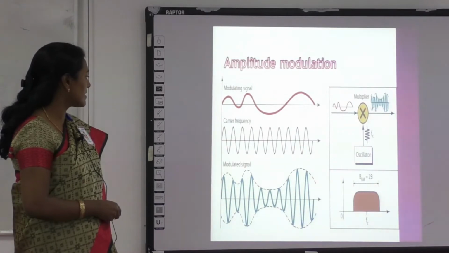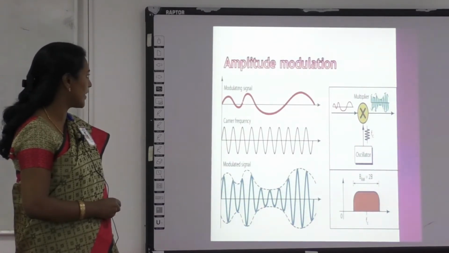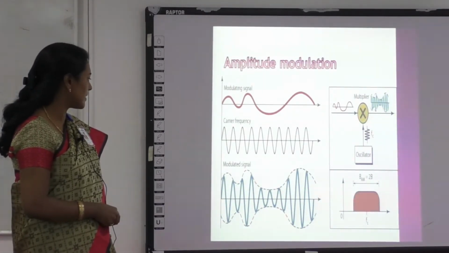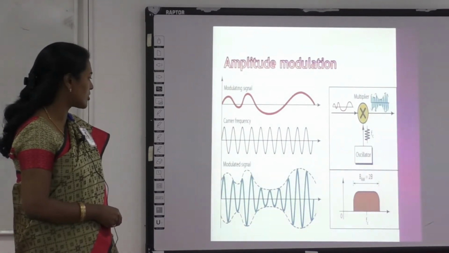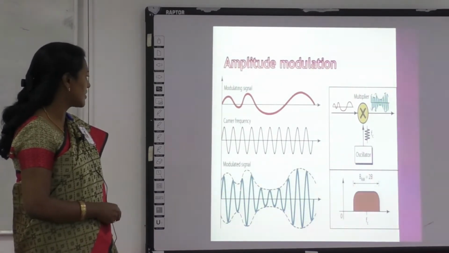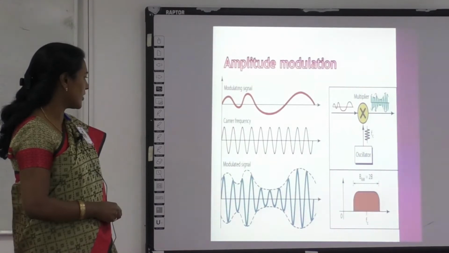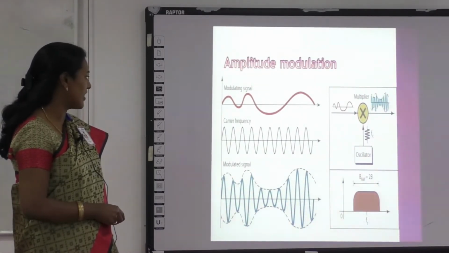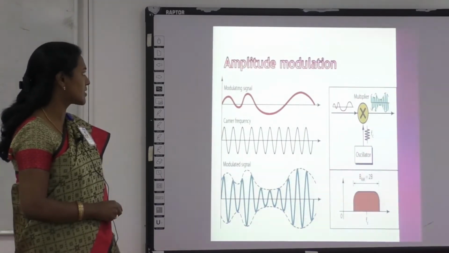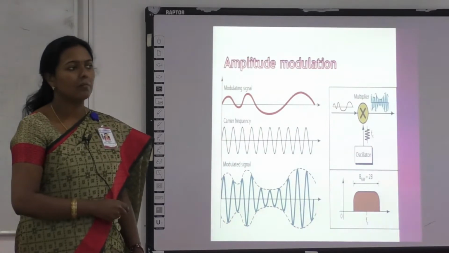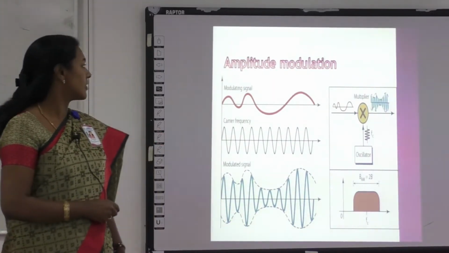You look at the sidebands, which quite resemble the modulating signal. Similarly, the lower sideband also quite resembles the modulating signal. So what do you understand from this modulated signal? The amplitude of the carrier is varied with respect to the modulating signal. So this process is called amplitude modulation, which is being used in analog communication.